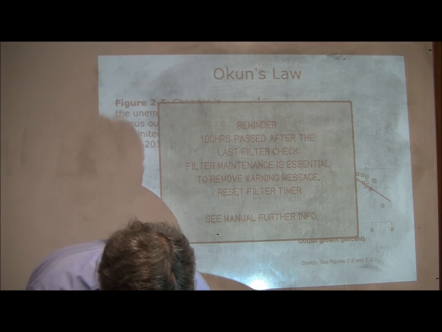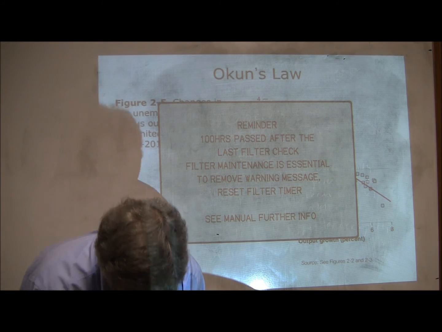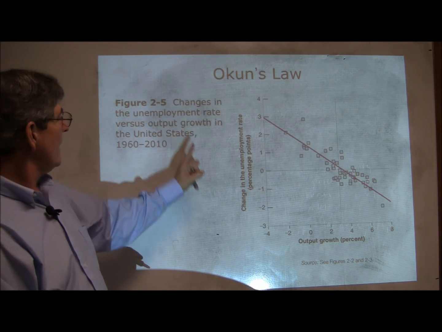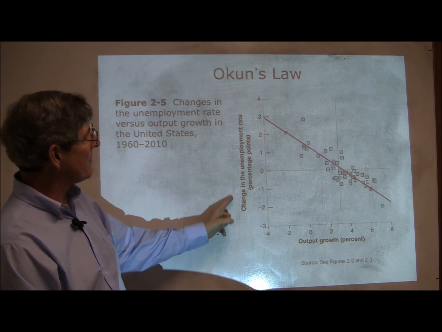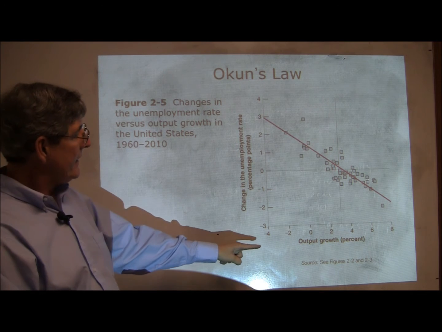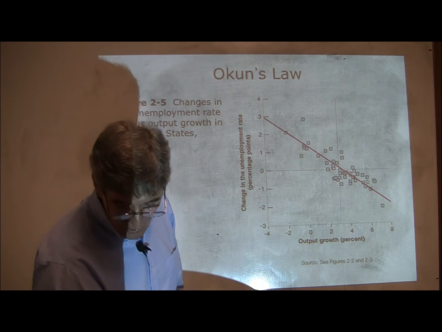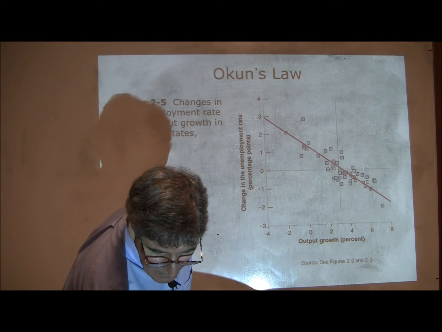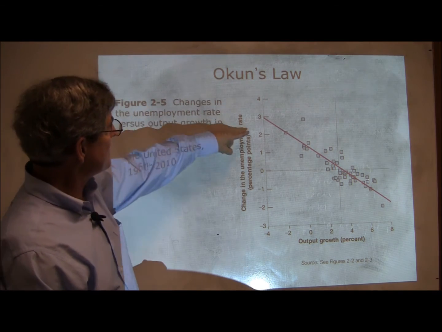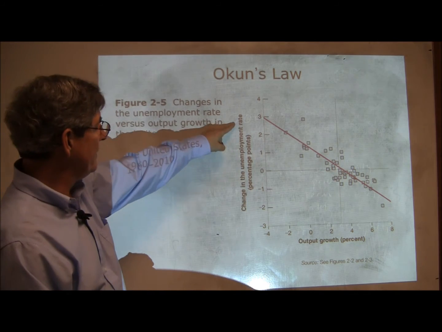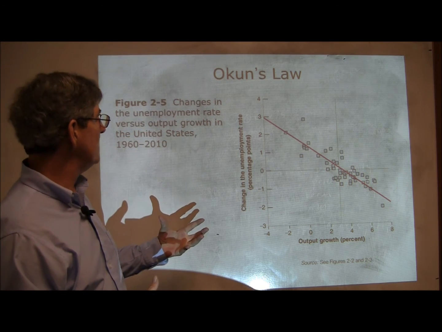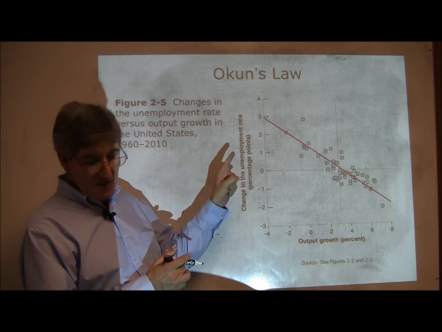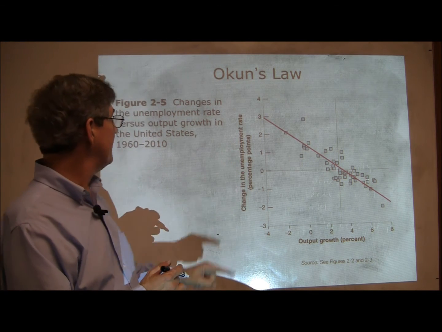What this plots on the vertical axis is the change in the unemployment rate, and down here is output growth since 1960. What you can see is there's a fairly strong negative relationship between the two. So this relates unemployment to output. The slope of that line is about 0.4.